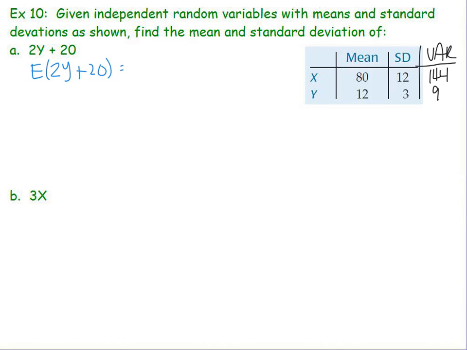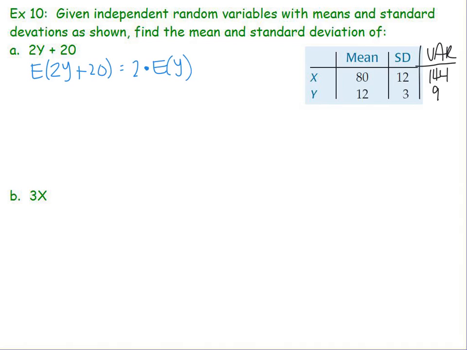Well, let's focus on the 2y part first. If that 20 wasn't there, then this would look like equation 3. And equation 3 says we simply take 2 times the expected value of y. Well, let's look at the other flip side. If that 2 wasn't there, and it was just y plus 20, well, y plus 20 is equation 1.